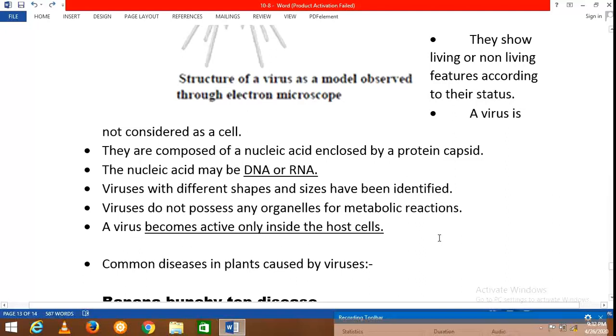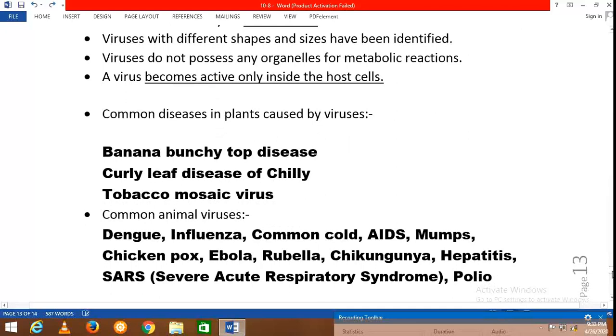So when a virus is in the external environment or on a non-living surface, it cannot be activated. It becomes active only inside the host cell. Once the virus falls on a living cell, it releases the genetic material, either DNA or RNA. Then it starts to multiply inside the living cell. That is how viral diseases become fatal.